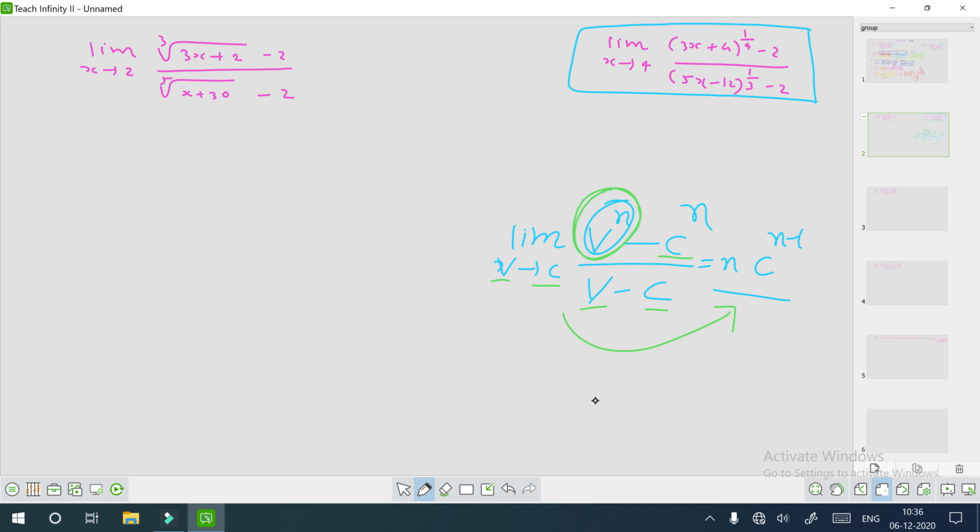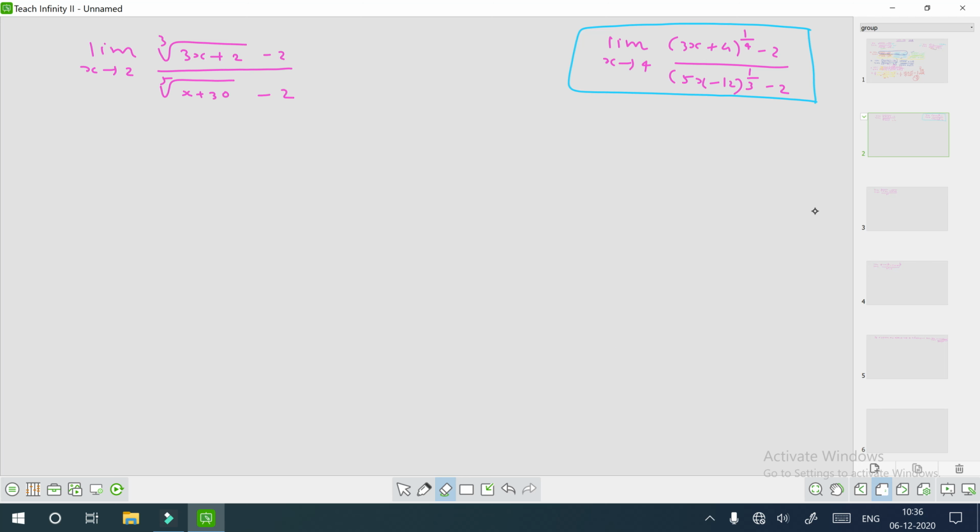Now see here, observe this given sum. What is variable raised to n? That is equal to limit x tends to 2, variable 3x plus 2 raised to 1 by 3 is given. Here also, x plus 30 raised to 1 by 5.